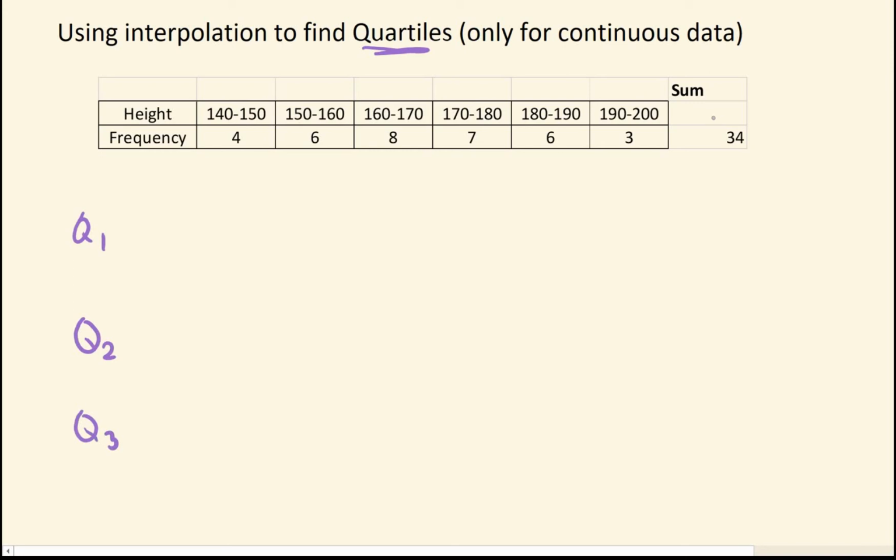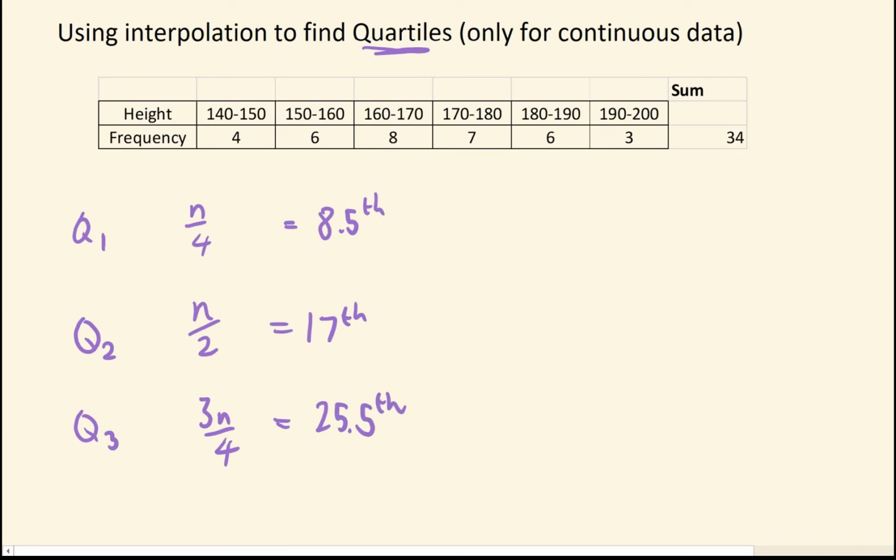Here I have continuous data, so I can use my continuous data formula, and that'll tell me what value I want to find. So I want the 17th piece of data, and over 4 I will want the 8.5th piece of data, and here I would want the 25th piece of data.